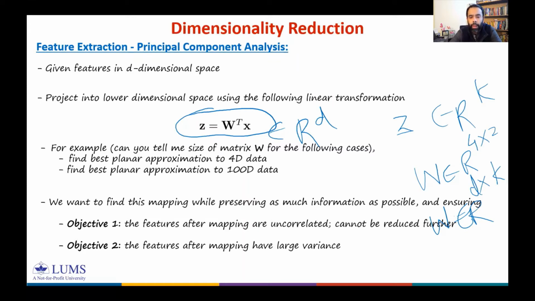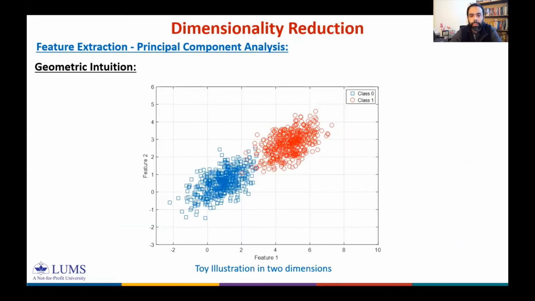Before I formulate PCA based reduction, let's talk about the geometrical interpretation of PCA, or we build a geometric intuition of PCA. Okay, I give you this data. So data is in R2, and we have a binary classification problem.